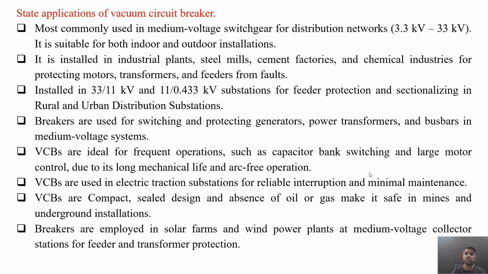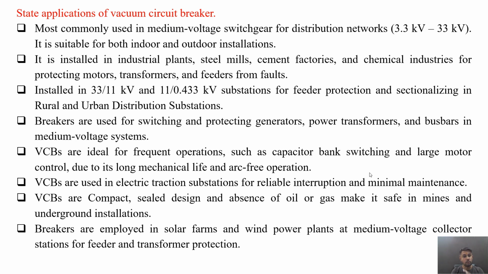Breakers are used for switching and protecting generators, power transformers, and bus bars in the medium voltage substations or systems. The VCBs are ideal for frequent operations such as capacitor bank switching and large motor control due to their long mechanical operating life and arc-free operation. VCBs are used in electric traction substations for reliable interruption and minimal maintenance.